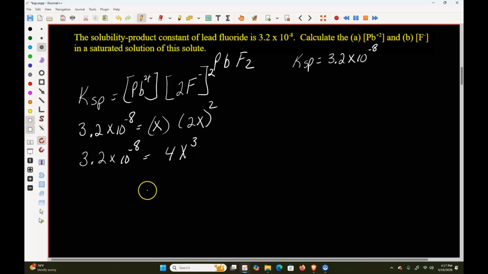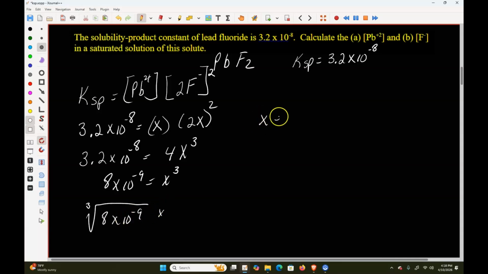Divide both sides by 4. I would get 8 times 10 to the negative 9 equals x cubed. So x will be equal to the cube root of 8 times 10 to the negative 9. So x is equal to 0.002, or I can say 2 times 10 to the negative third power.